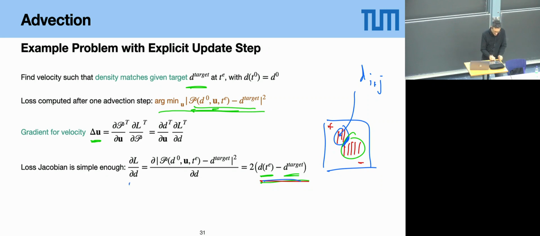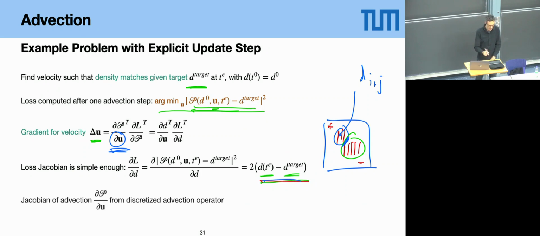This gradient vector we now need to provide to this advection step to tell us what the u should have been to produce the right values of the densities. This is what needs to be encoded in the Jacobian of this advection step. How is the u used to change the d values? In this case, what we're interested in is how we need to set u to get these target values out in the end.